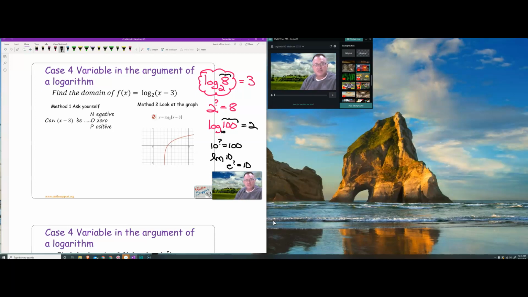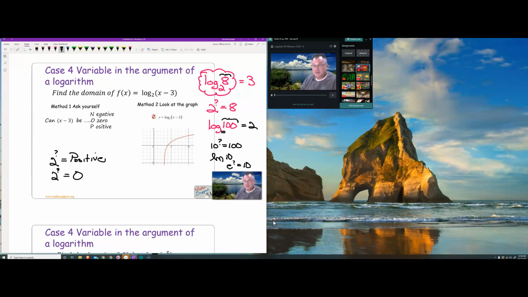Okay, so this helps you understand what the restriction is. All right, and here's how you do it. When you have an argument, let's say I had 2 to what exponent can be positive, just like 8. I can take 2 and put an exponent on it and create a positive. I can't put, there's no exponent that I can put on 2 to make the result equal to 0.